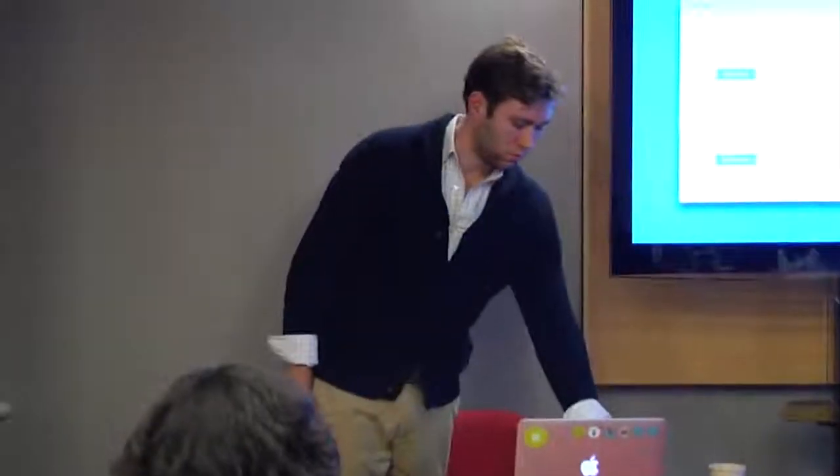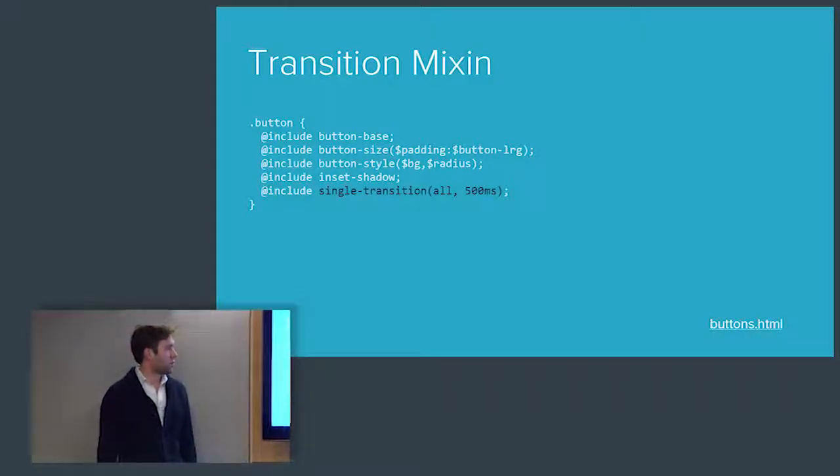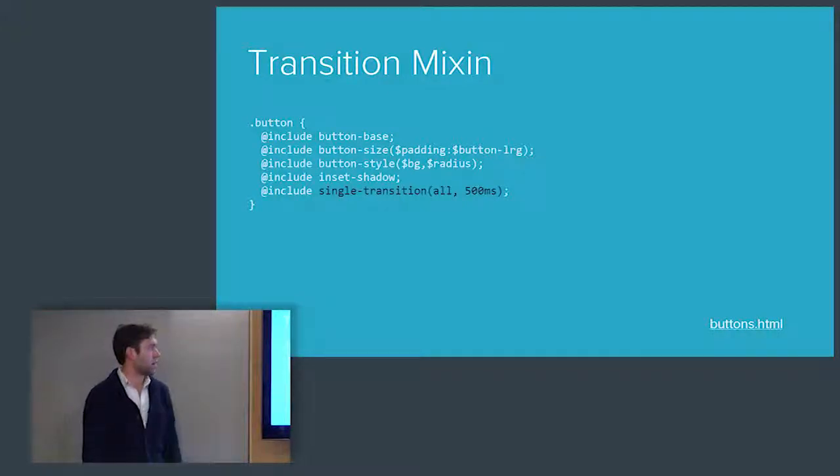Sweet. So that is the gist of building buttons in Foundation with SCSS. Super customizable. There are a lot of arguments to work with, and you can make a lot of very different button styles.